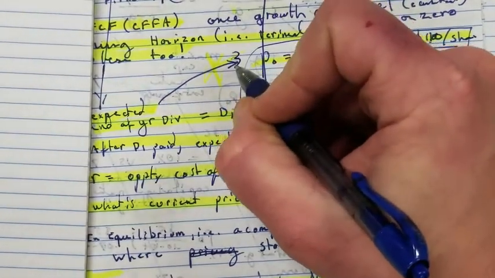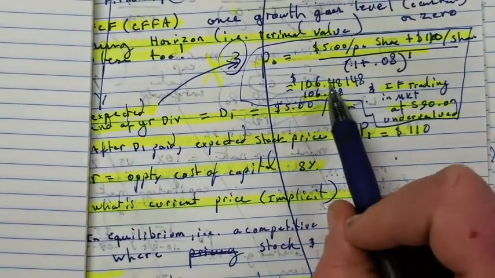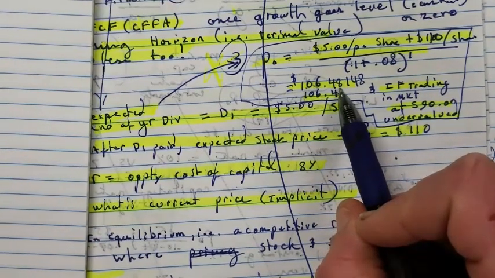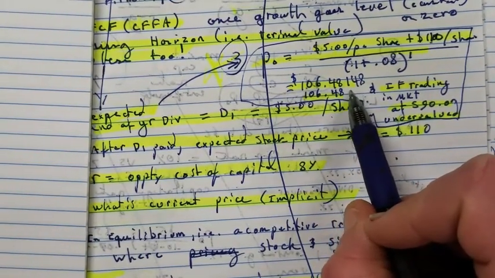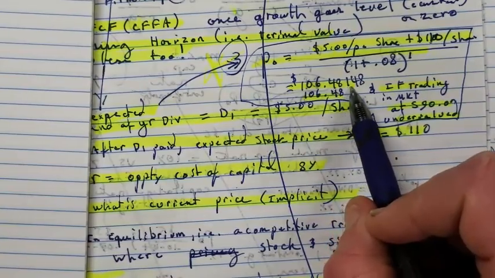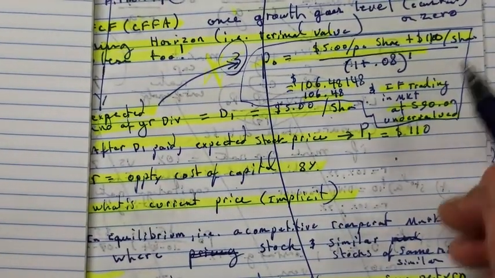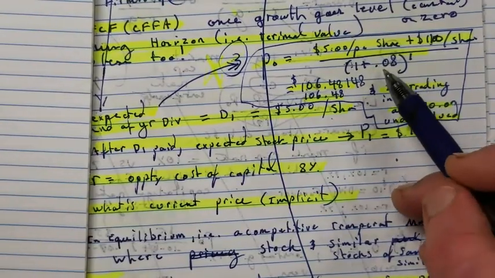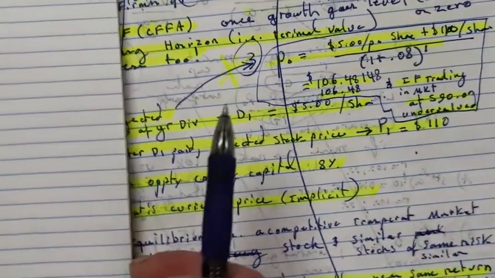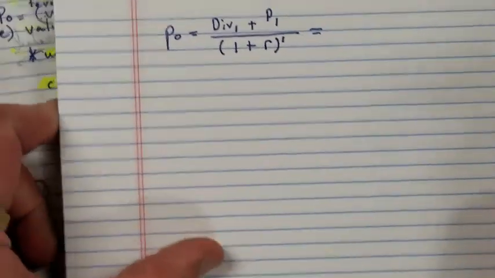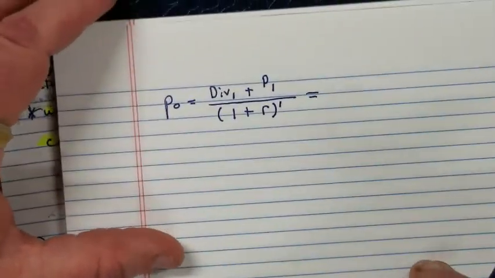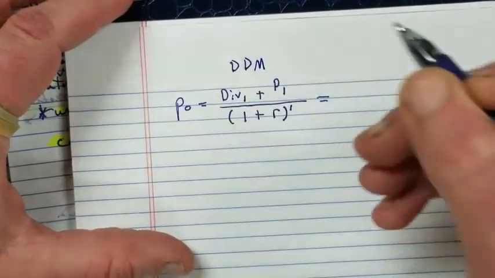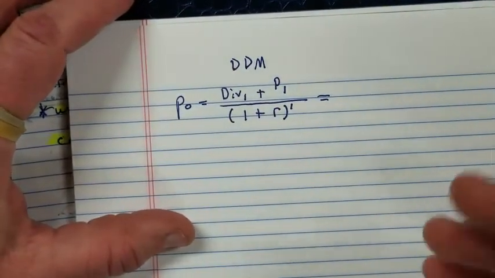This is number 3, which is $106.48 rounded, or 0.48148. If you think about this problem, especially this formula right here, our most basic dividend discount model represents the market in equilibrium.